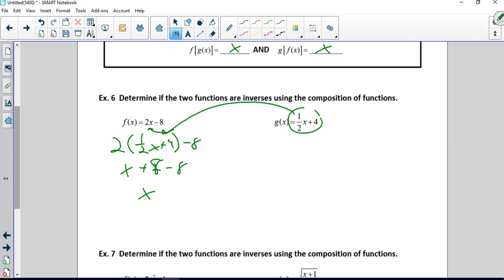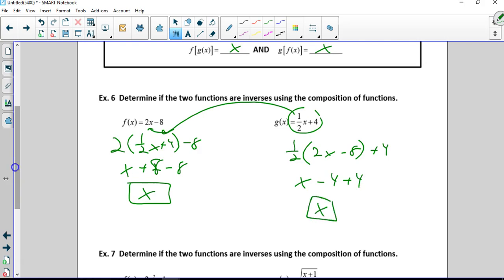I end up with x. That's what I wanted. Now I go the other direction. 1/2, take out the x and put in 2x minus 8, plus 4. Half of 2x is x. Half of -8 is -4 plus 4 cancels. x. So the answer is yes, they are inverses of one another.